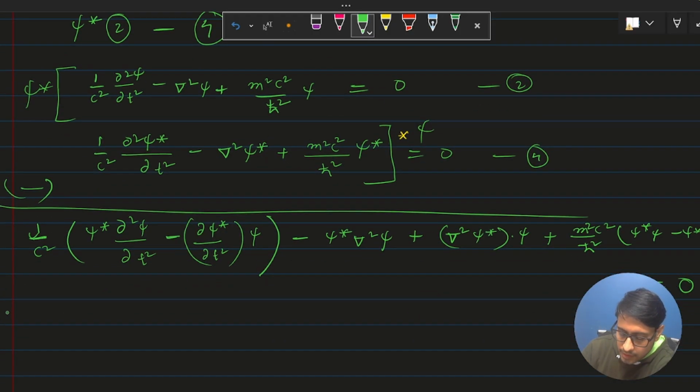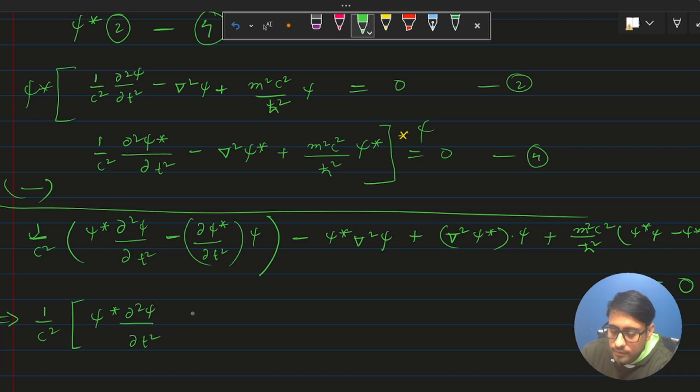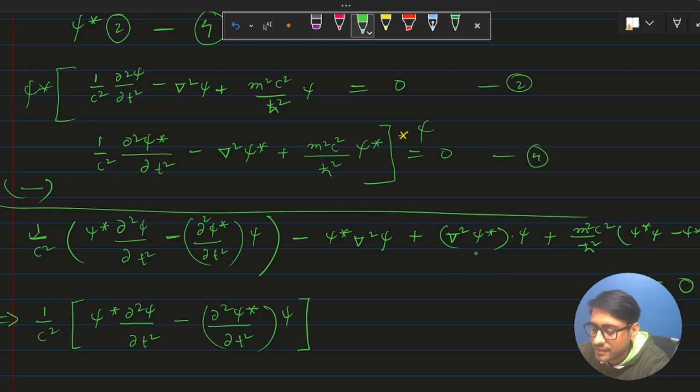So now what we have is 1 over c square, psi asterisk del 2 psi over del t square, and we have minus, I think this is 2, del 2 psi asterisk over del t square psi, these two terms.